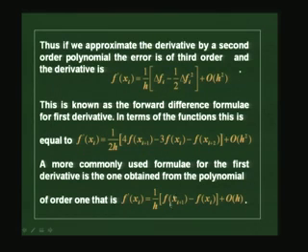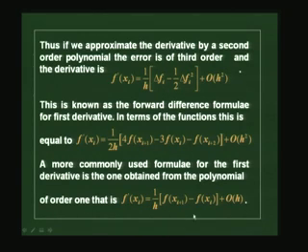Now a simpler form, which is most commonly used, is just to use a first order term, that is just f of xi plus 1 minus f of xi divided by h as the derivative at that point. Now these are called difference formulas. We will use these when we are actually solving differential equations, especially partial differential equations.